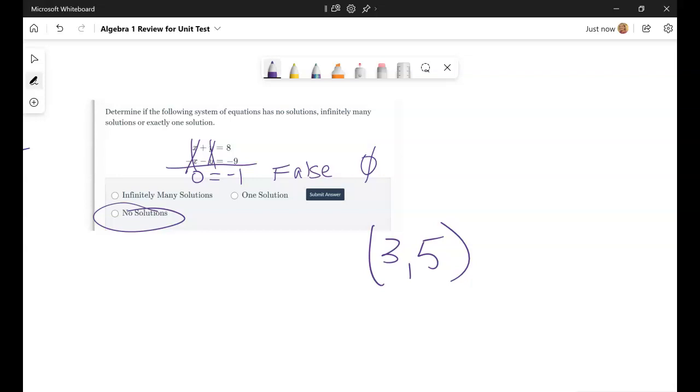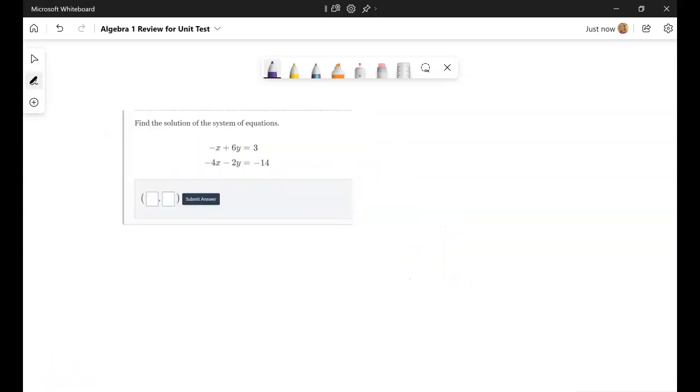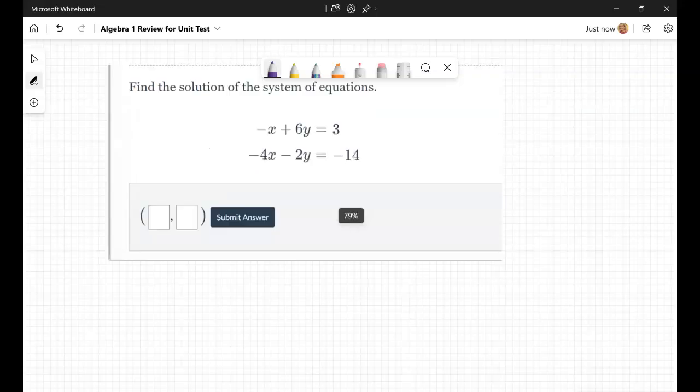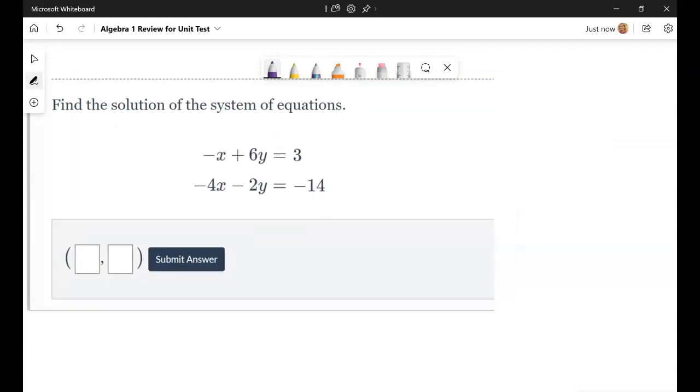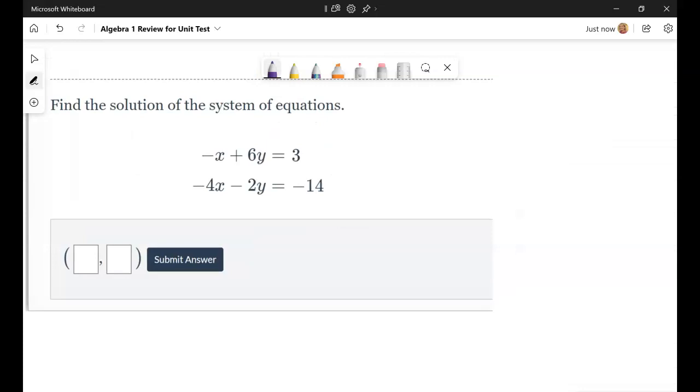That's what's going on. Okay, will anything eliminate right off the bat in this problem? No. What's our goal? We have to have a strategy. Are we going to try to eliminate the x values or the y? Okay, if you want to eliminate the x, I got to try to turn one of those into positive 4.